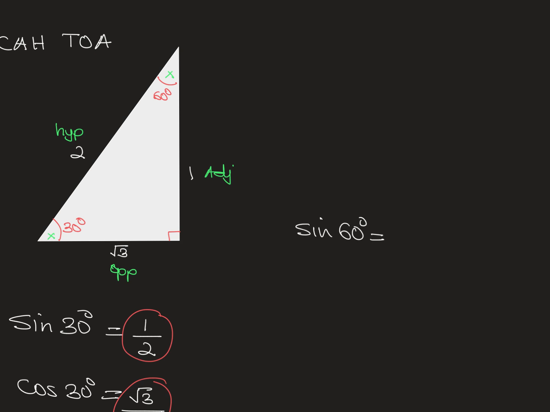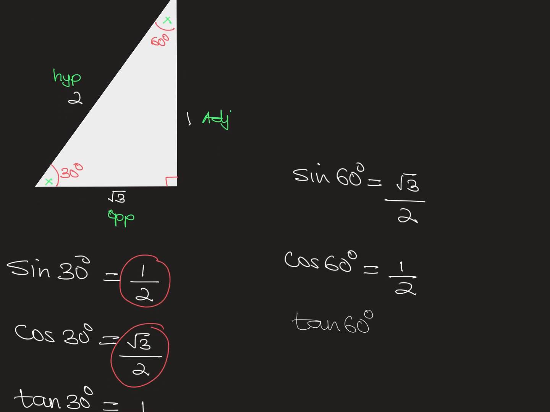Sine of 60 from SOH is opposite divided by hypotenuse. So that is root 3 divided by 2. Cos 60 degrees is CAH, adjacent divided by hypotenuse. The adjacent is 1, the hypotenuse is 2. Cos of 60 is 1 over 2.